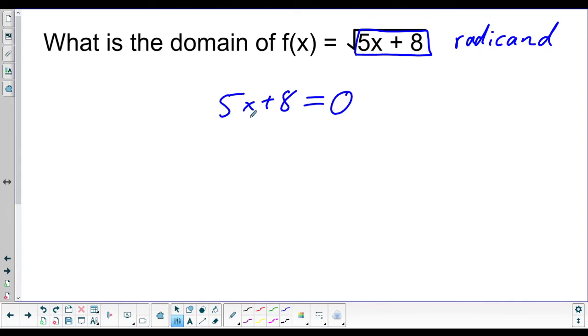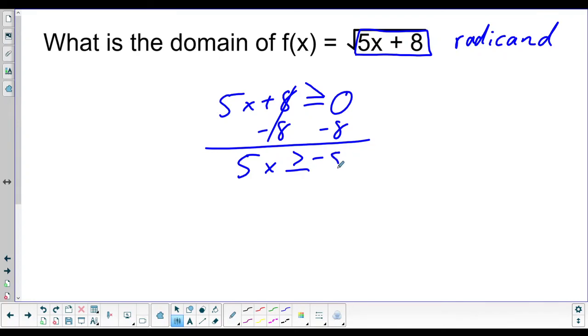So if this is bigger than 0, that means we need an inequality. So you're going to take the radicand is greater than or equal to 0, and then we're going to solve for x. So let's do that. So let's subtract 8 on both sides. The 8's cancel. 5x is greater than or equal to negative 8. Then we're going to divide by 5.